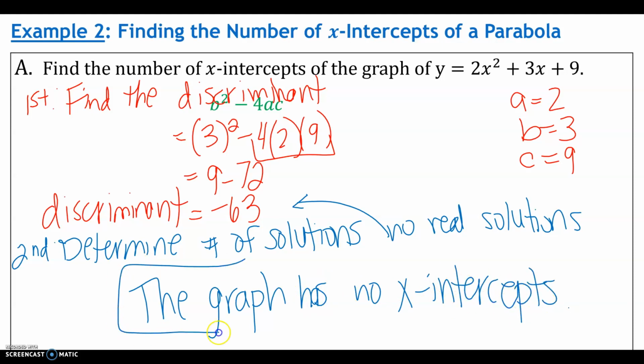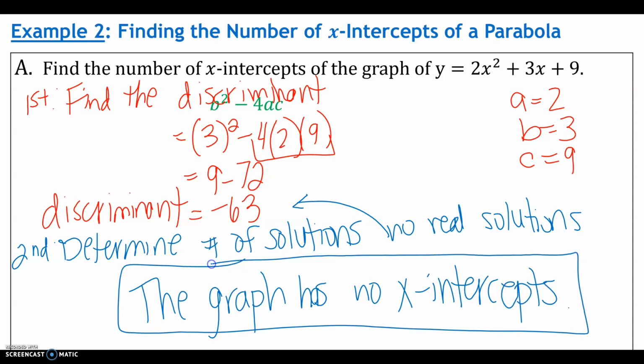Okay, so you're just using different words. Okay, so before you were writing no real solutions. Well, now for x-intercepts, well, it doesn't have any, so you just write the graph has no x-intercepts. Okay, let's do one more.